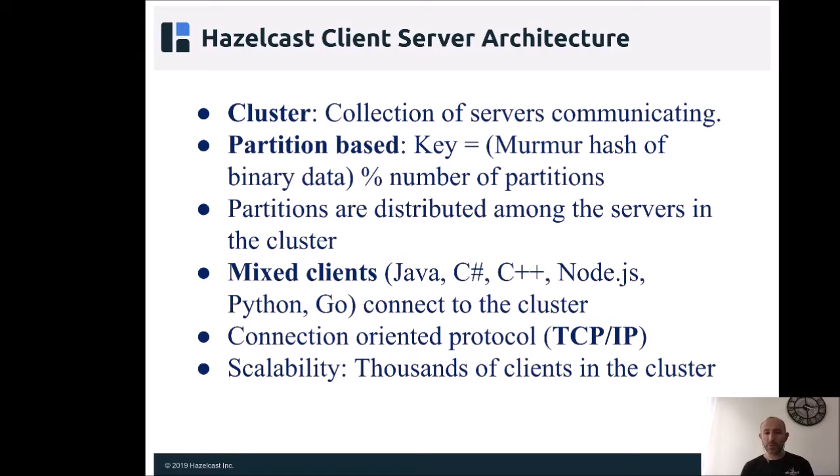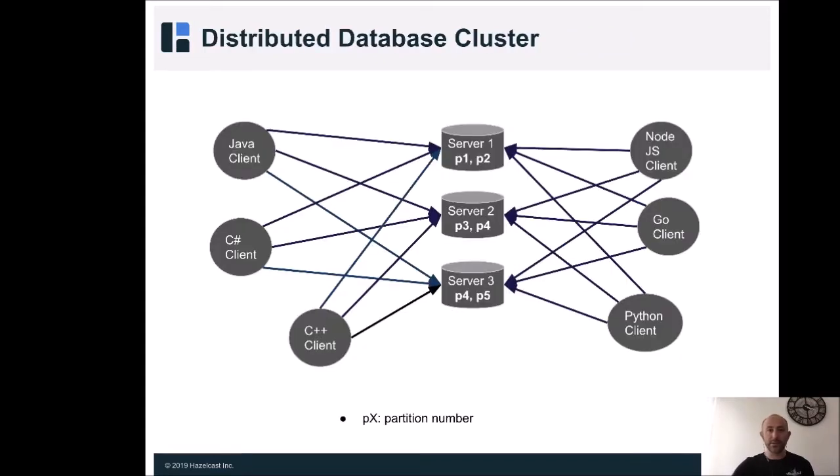Our main protocol is a connection-oriented protocol, TCP/IP, which makes things a little simpler compared to UDP, with delivery guarantees. And we have to be scalable. We have some production environments where there may be thousands of clients. So these clients need to be able to scale, and fast.